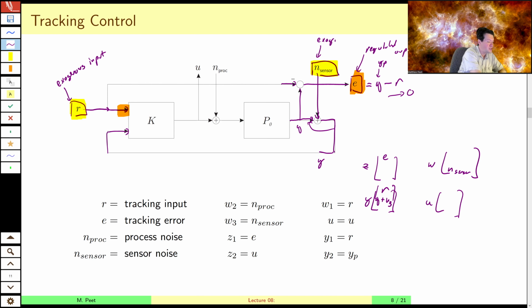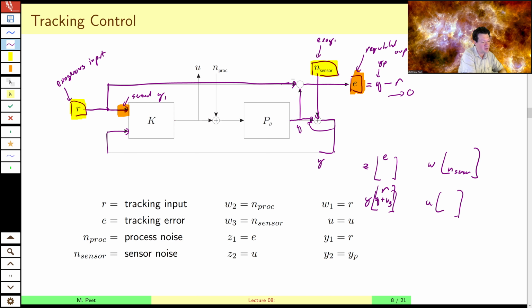But it also, of course, gets shuffled off here, and you measure the difference between where the plant is and where the reference is, and that forms your output error. So it's an exogenous input. It gets mapped directly to a sensed output, but it also gets shuffled off over here to the error. So there's going to be lots of wires going over there.